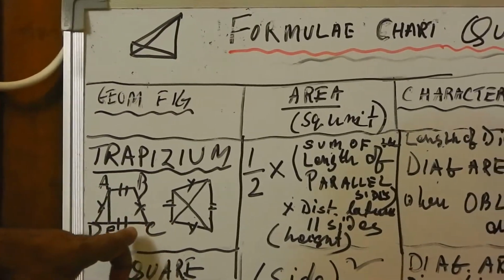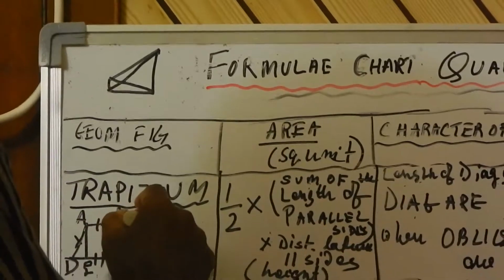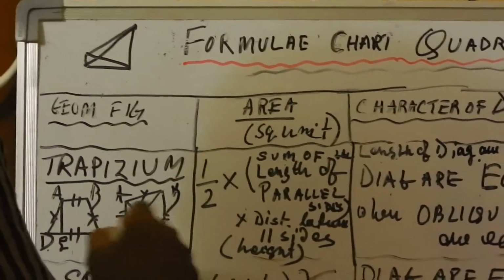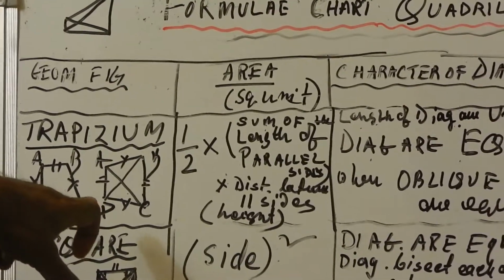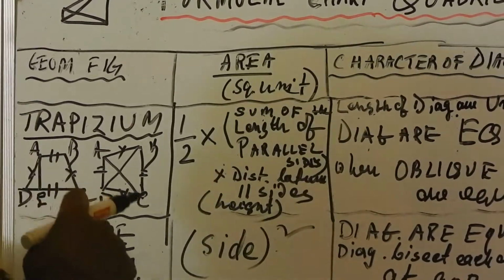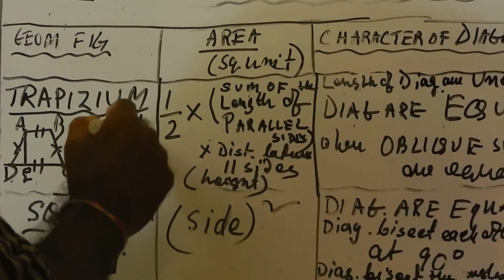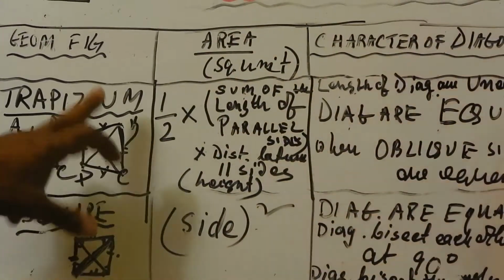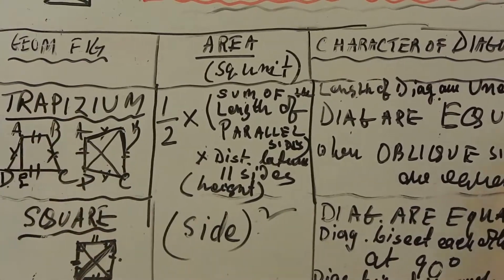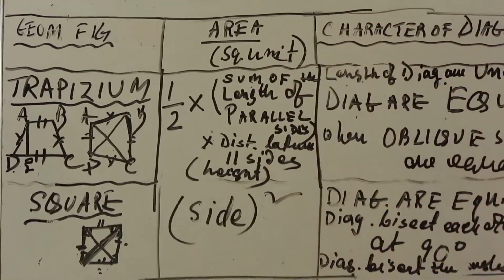That is, when AD and BC are equal, so if we name it A, B, C, D, then AC equals BD. But when the two oblique sides are not equal, then always the diagonals are unequal.